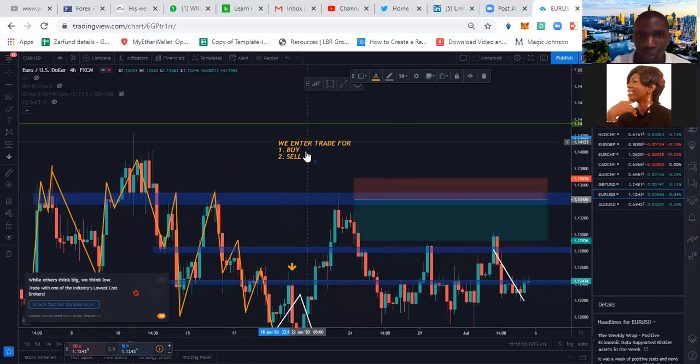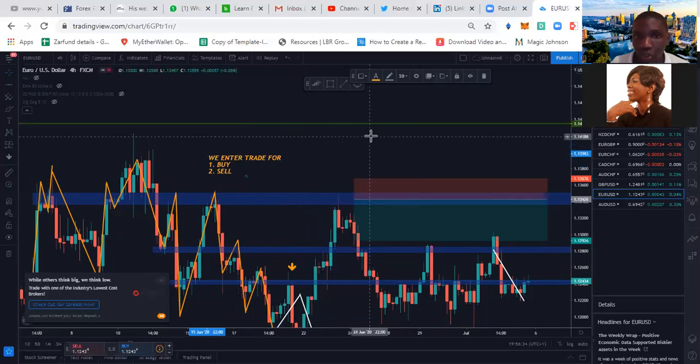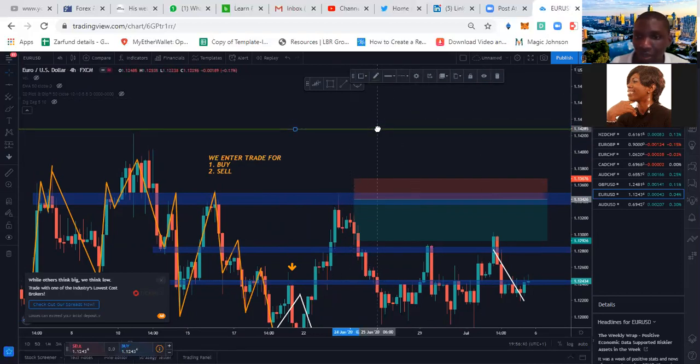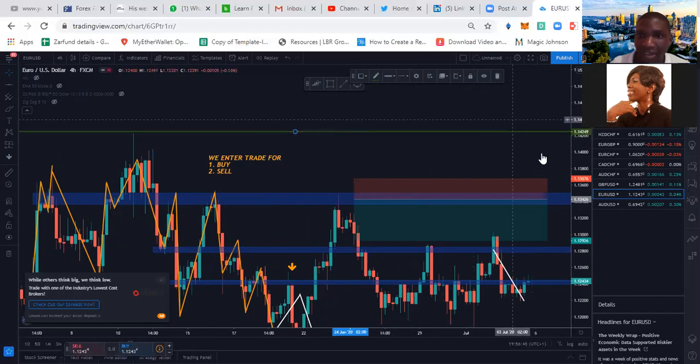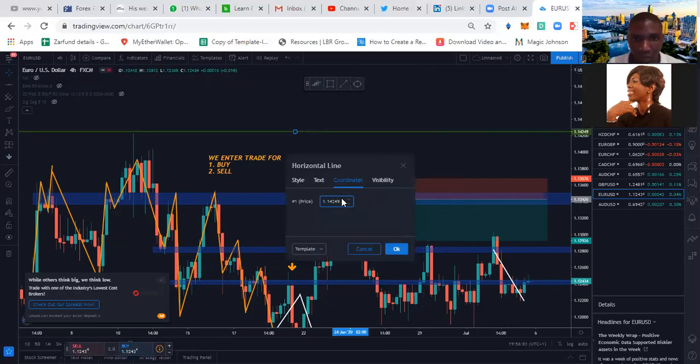Now when you are selling, your stop loss is going to be above your entry price. Let's look at this green line here as our entry price. Okay, so let's modify this line. Let's make it a whole number.